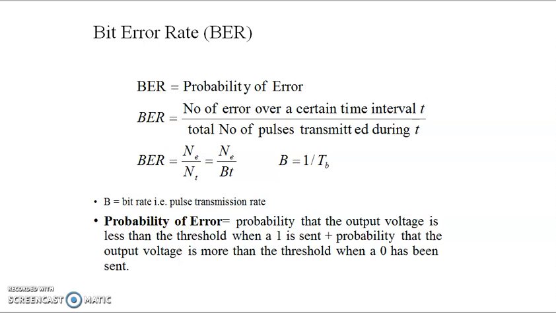Now here we need to obtain what error will occur in the receiver. How many pulses are transmitted within a particular period of time, and how many errors occur in the given period? Based on that we can find the bit error rate.